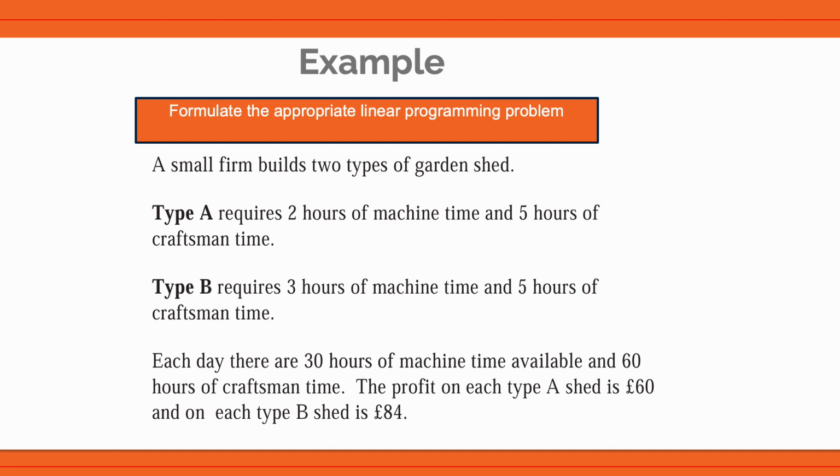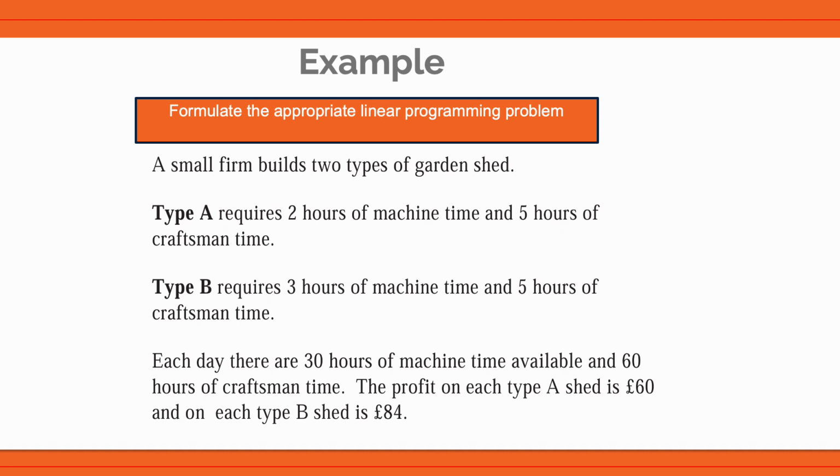Now, we also see there are 30 hours of machine time available and then 60 hours of craftsman time. This means the equation for machine is constrained to 30 hours and the equation for craftsman is also constrained to 60 hours.